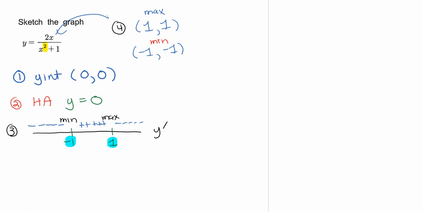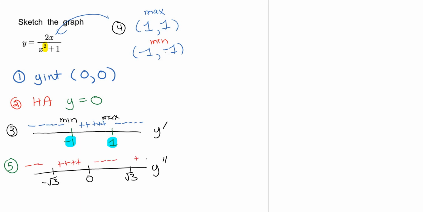Okay, the fifth step here, I will give you the results from the inflection points. So the x values here are going to be 0, -√3, and +√3. And the results go like this: negative to positive to negative to positive. And that means you have an inflection point here, here, and there.